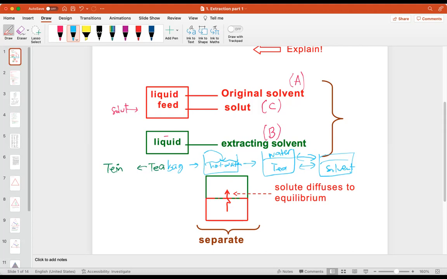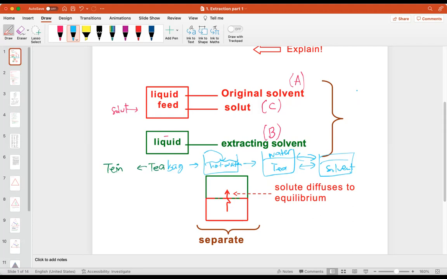That is the principle of why the extracting solvent can absorb or dissolve the solute. Basically, what happens when we contact the tea and the solvent?